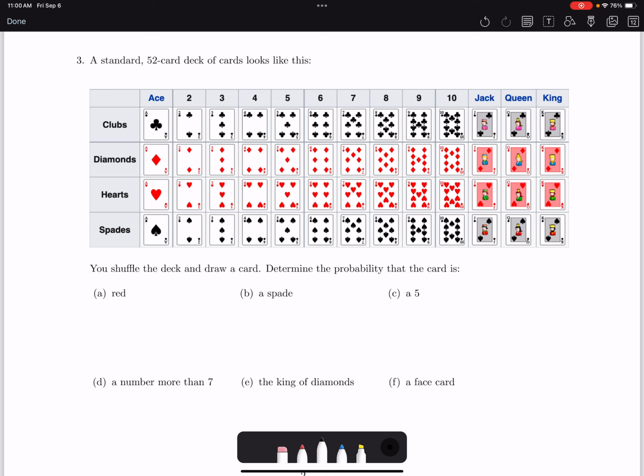So here's a picture of what a standard deck of cards looks like. A standard deck is going to have 52 cards in it, and these are the cards in the deck. So you'll have some clubs, diamonds, hearts, and spades. There are 13 of each. These are called suits. So you have 4 suits, and each of those 4 suits has 13 ranks.